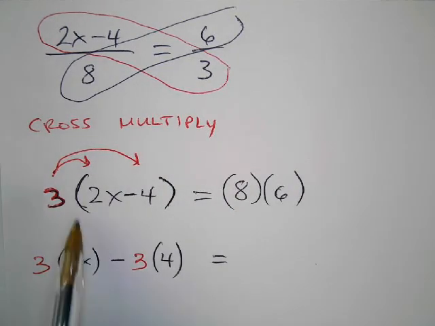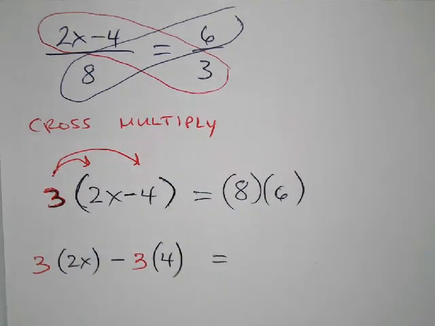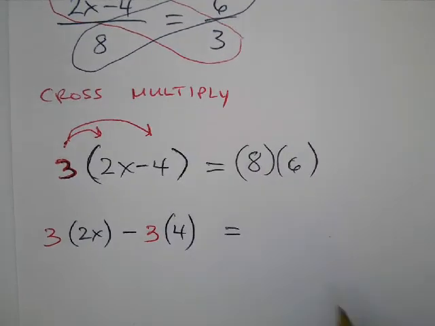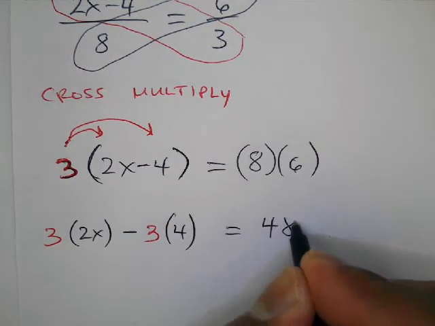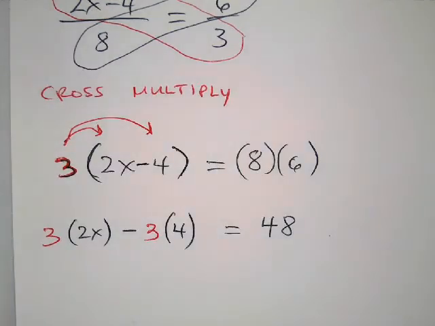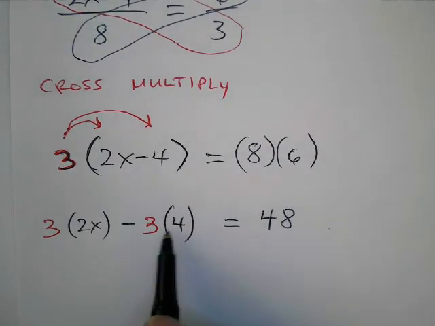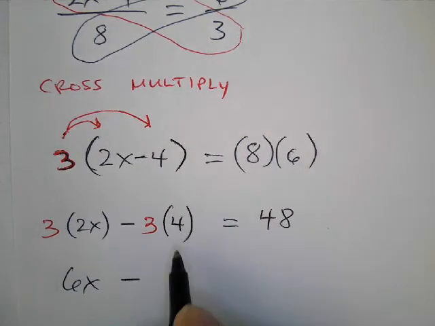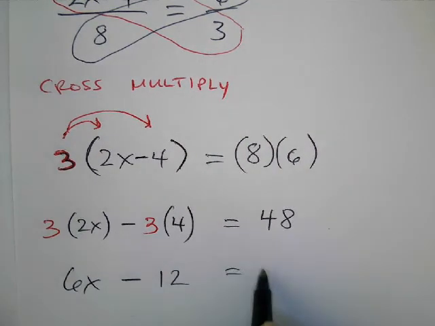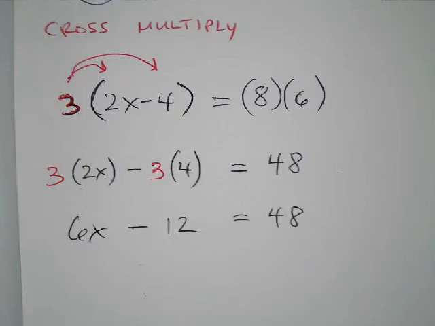Distributive property: 3 times 2x, and then minus 3 times 4, is equal to 8 times 6, which is 48. The rest of this is Algebra 1, we're just doing the solving part. Multiply things that multiply, so this will be 6x minus 12 is equal to 48.